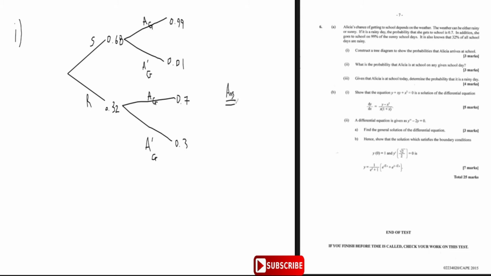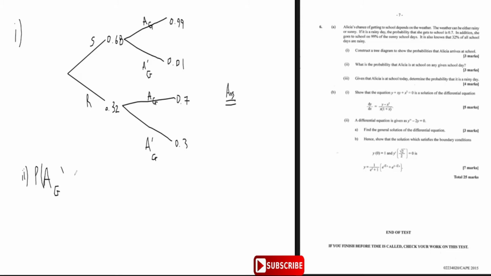Let's look at the second part of the question. It says, what is the probability that Alicia is at school on a given day? So we want the probability that Alicia goes to school.